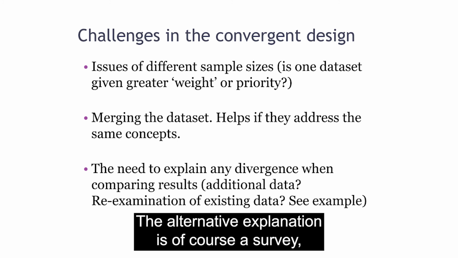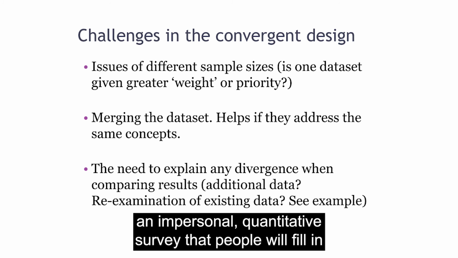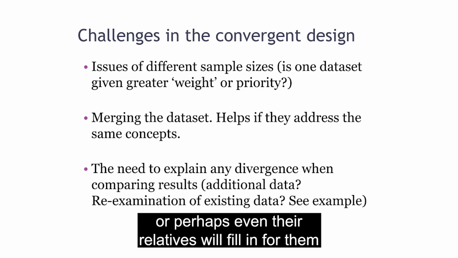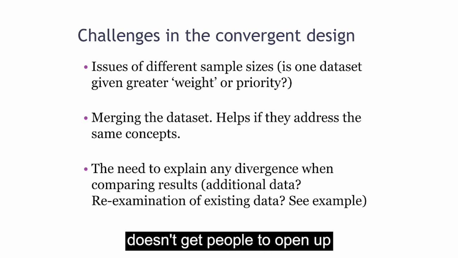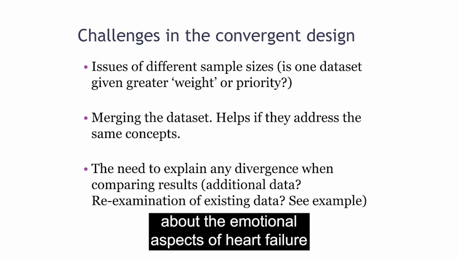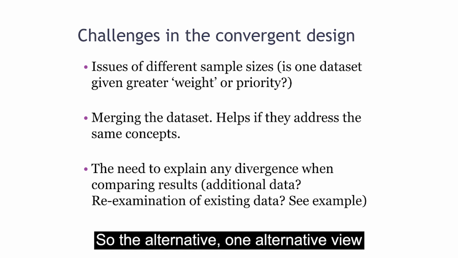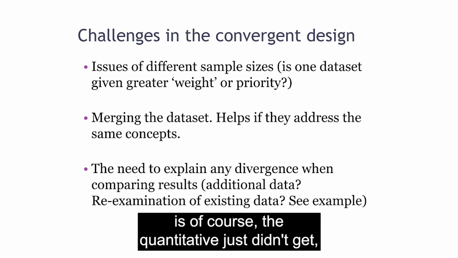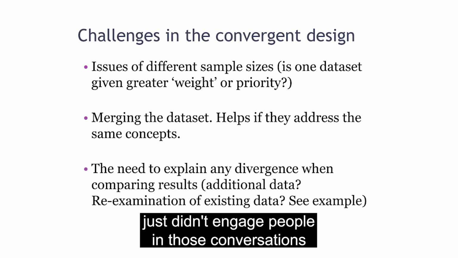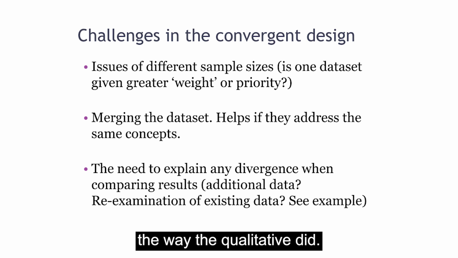The alternative explanation is, of course, that an impersonal quantitative survey that people will fill in, or perhaps even their relatives will fill in for them, doesn't get people to open up about the emotional aspects of heart failure as a qualitative interview would. So the alternative view is that the quantitative just didn't engage people in those conversations the way the qualitative did.